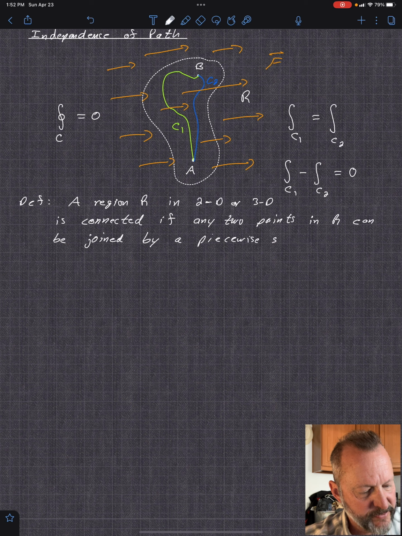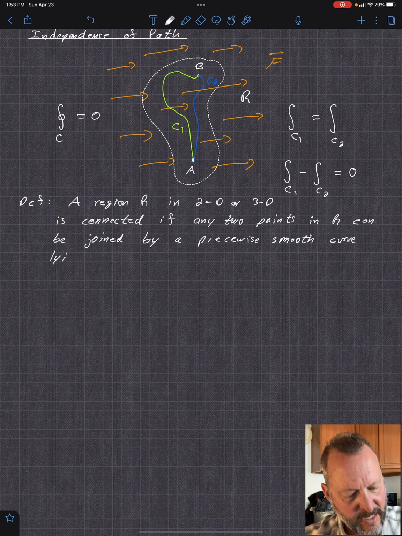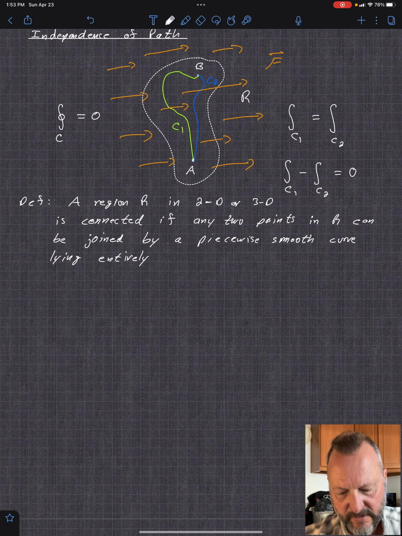Piecewise smooth curve lying entirely within R.